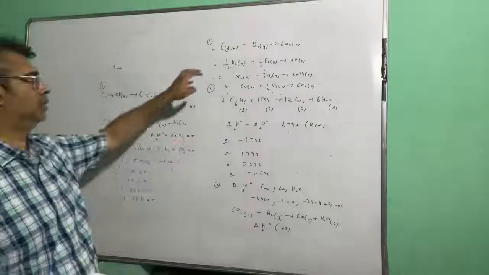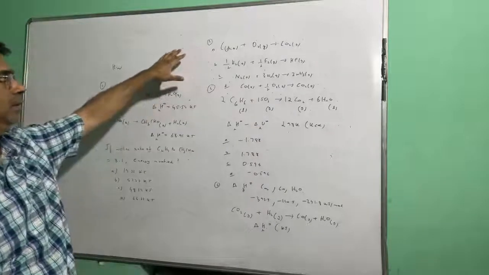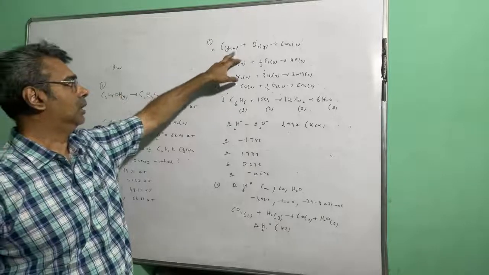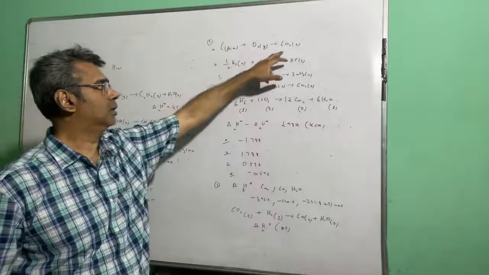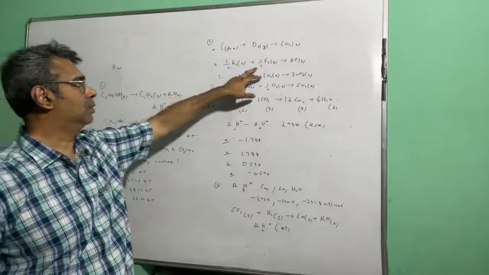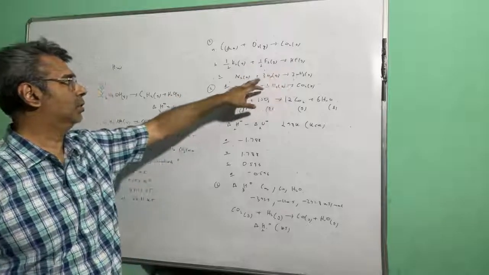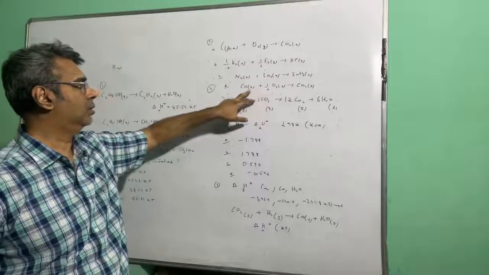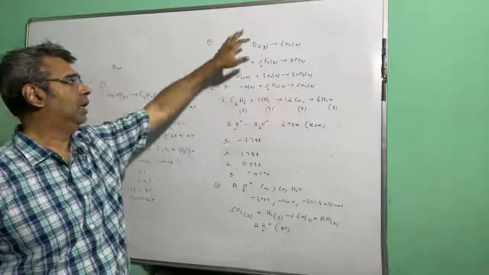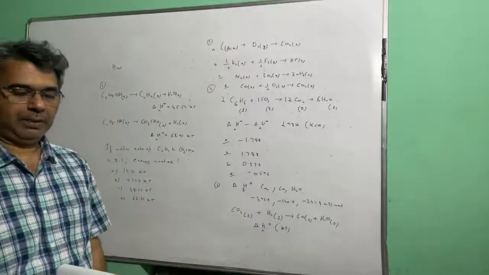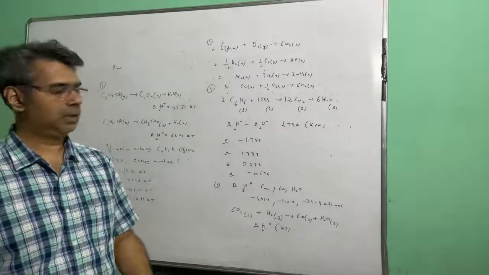You have to say which of these is considered as heat of formation. Carbon in the form of diamond plus O2 is CO2. Second, half H2 plus half F2 is HF. Third, N2 plus 3H2 is 2NH3. Fourth, CO plus half O2 is CO2. Out of these, which one can be considered as heat of formation?